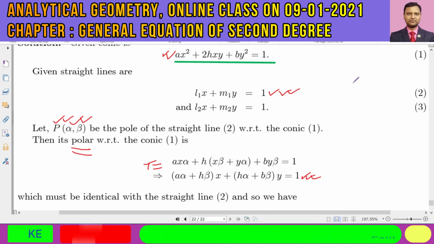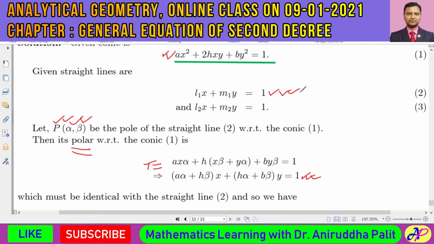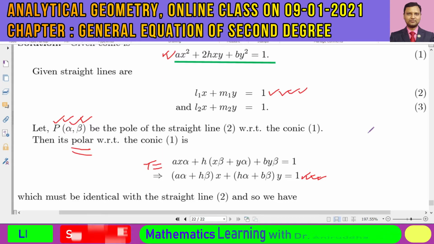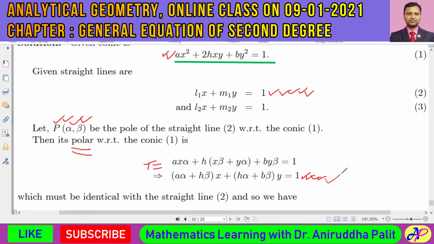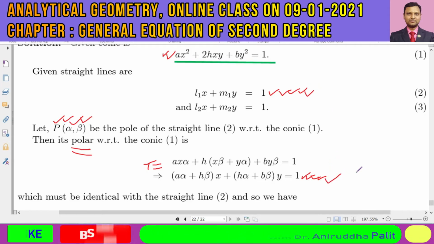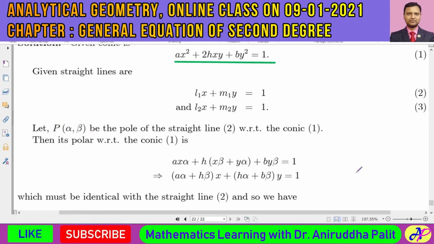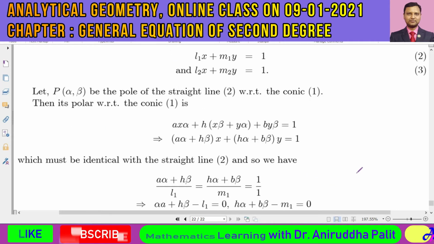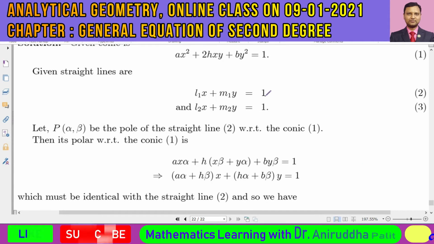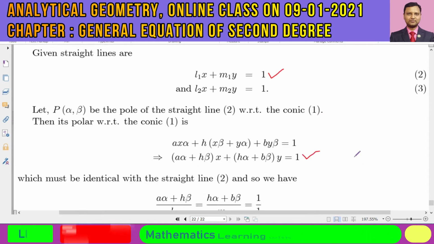So equation number 2 and this equation must be identical to each other, because they represent the same straight line. Got it? And therefore, because they are identical, we can compare this line and this line.